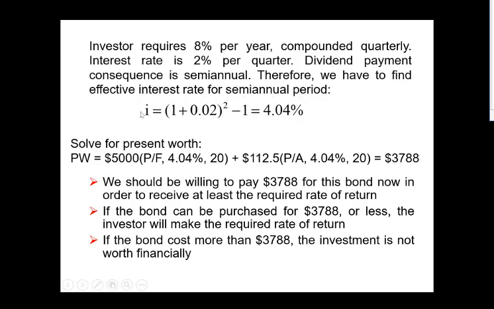Okay, here is the effective interest rate for semi-annual. Okay, 1 plus 0.02 to the power 2, minus 1. This one is 4.04%. 4.04% is the effective interest rate for the payment period.